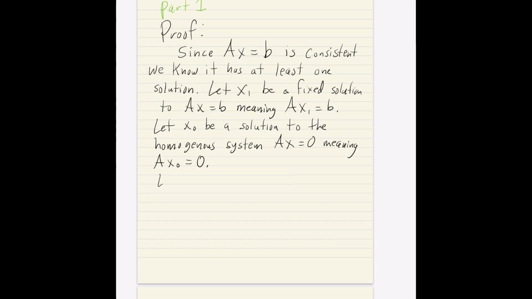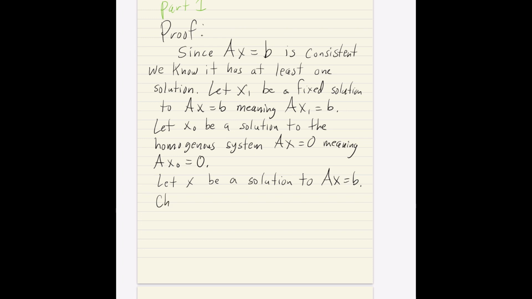Next, we're going to let x be a solution to AX equals B. So here's the part where we get a little bit clever. I know that x is a solution, so I have to do something to x.